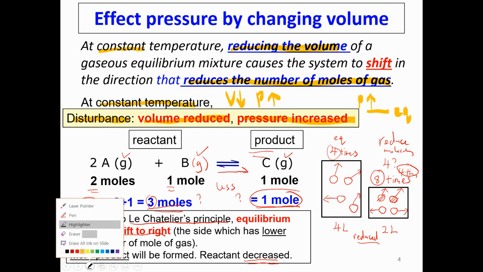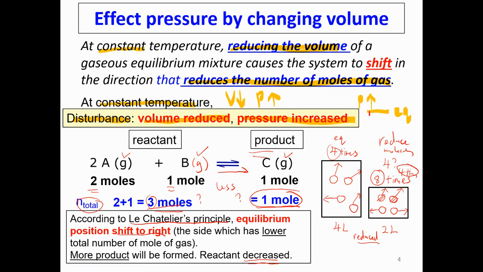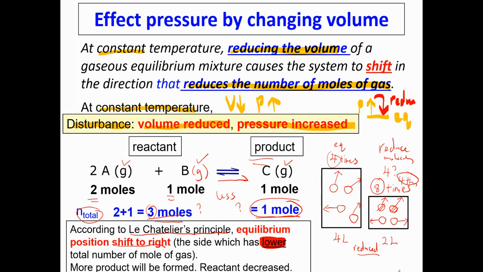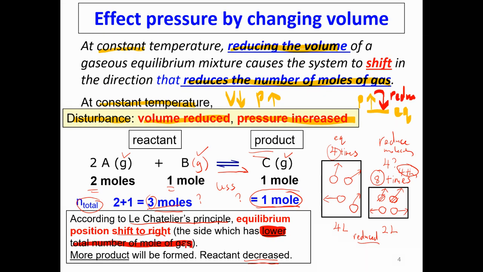In order to go back to equilibrium, we need to reduce the pressure. To reduce the pressure, we look for a lower total number of moles of gas. We are not looking at left or right. We are looking at lowering the total number of moles of gas, if pressure increases.